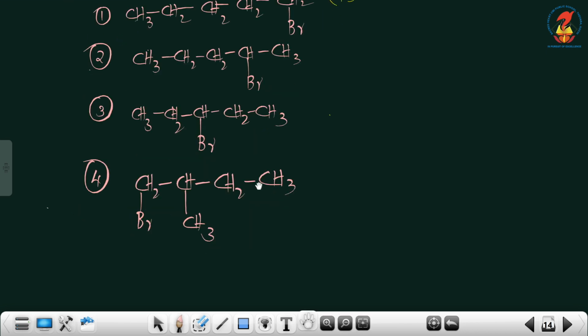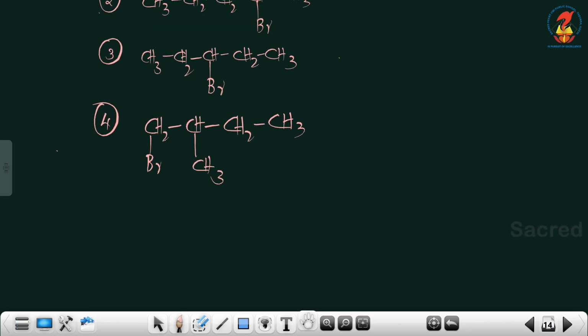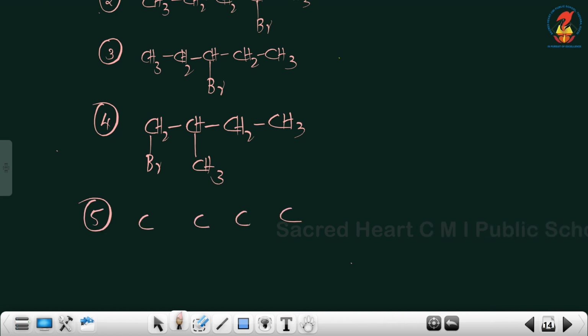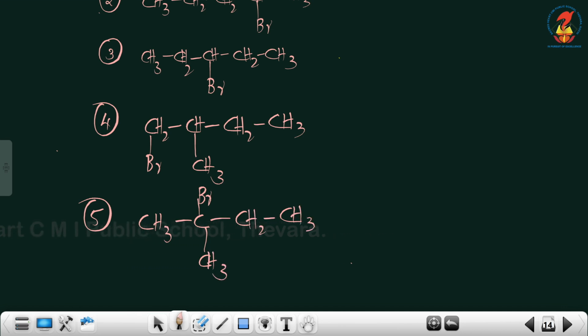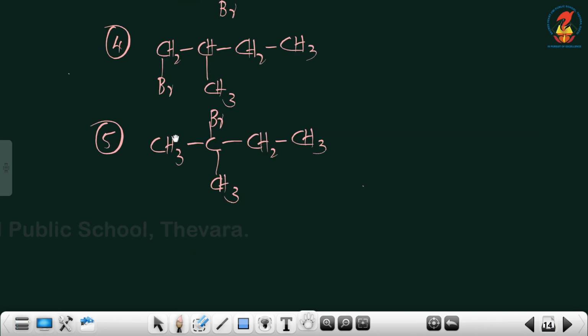Okay, so this is another isomer possible. Now the fifth structure: the same 1, 2, 3, 4 carbon straight chain and 1 branch. I am giving bromine on this carbon. So CH3, CH3. Another isomer possible.